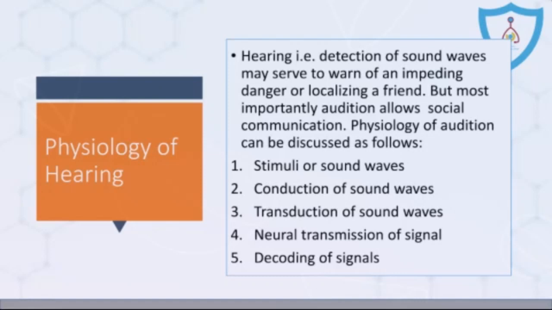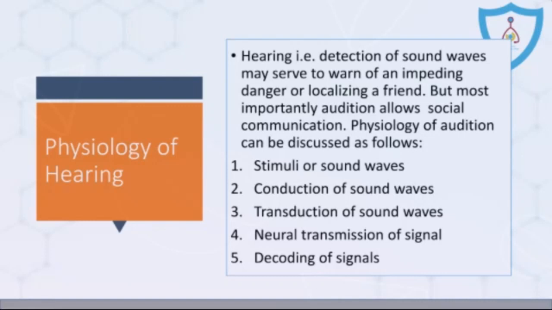So we can break down hearing physiology into stimuli, or the sound waves from the source that are going to be perceived by the ear. In the ear, we've got conduction of sound waves through air, so air conduction, and then mechanical conduction or bony conduction.